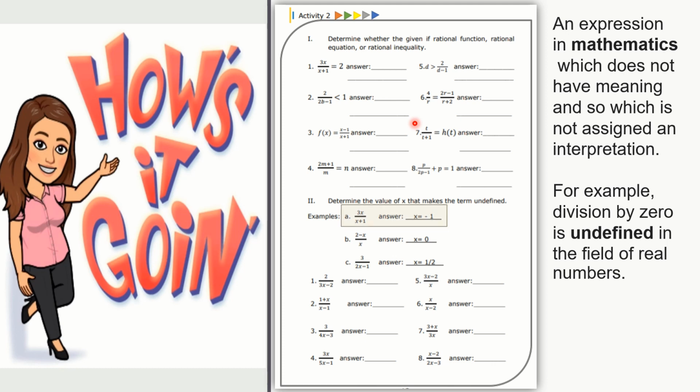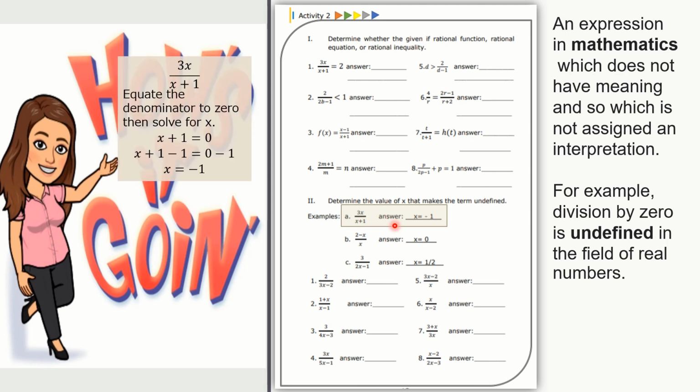Looking at example A, we get x = -1 by equating the denominator x + 1 to 0 and then solving for x. The solution is shown on the left side. x + 1 = 0, thus we get x = -1.